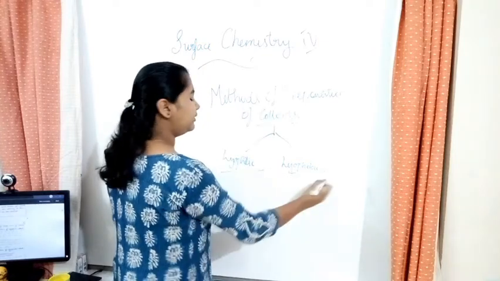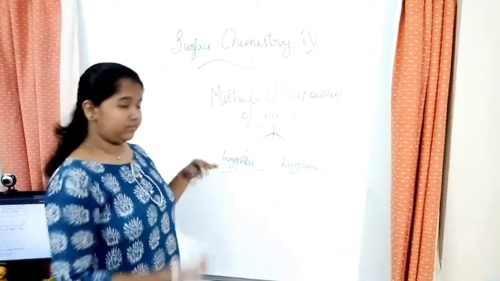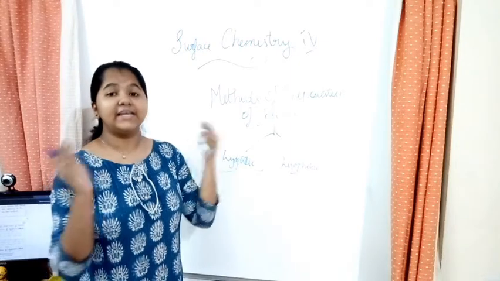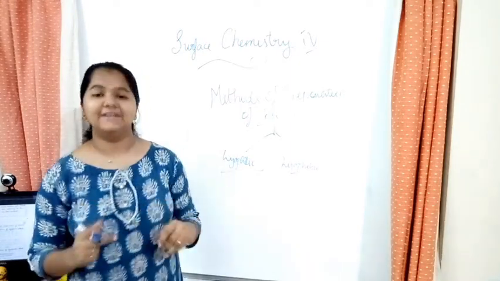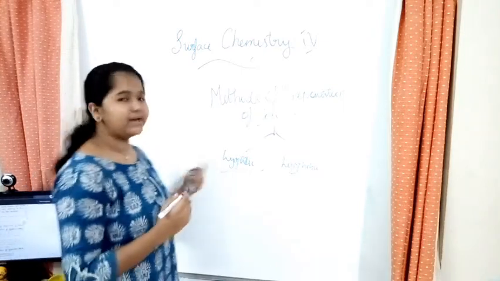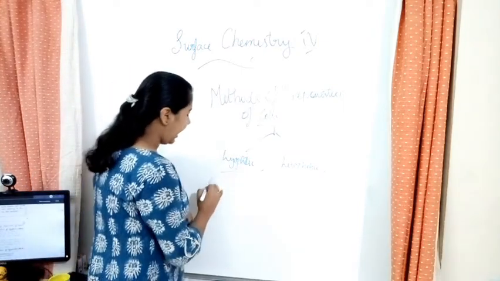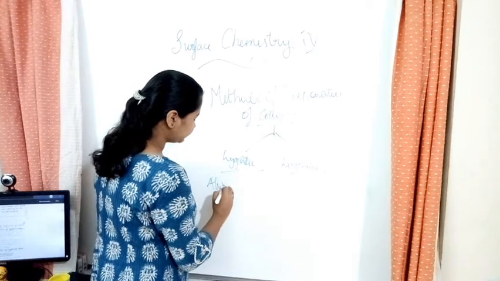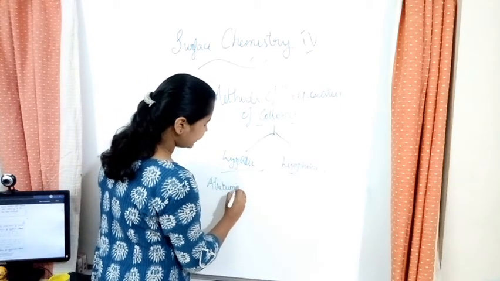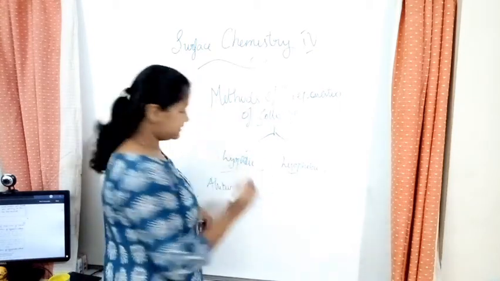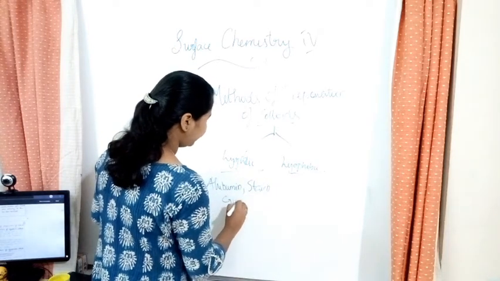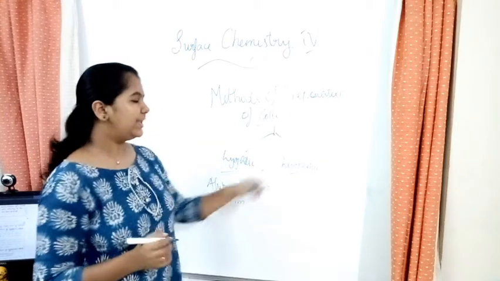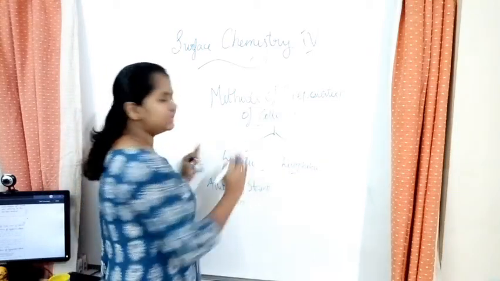Over here I told you lyophilic colloids can be recreated by simple mixing, because of their reversible nature. Examples for lyophilic are albumin in water, that is egg white, or starch in water, gum, etc.